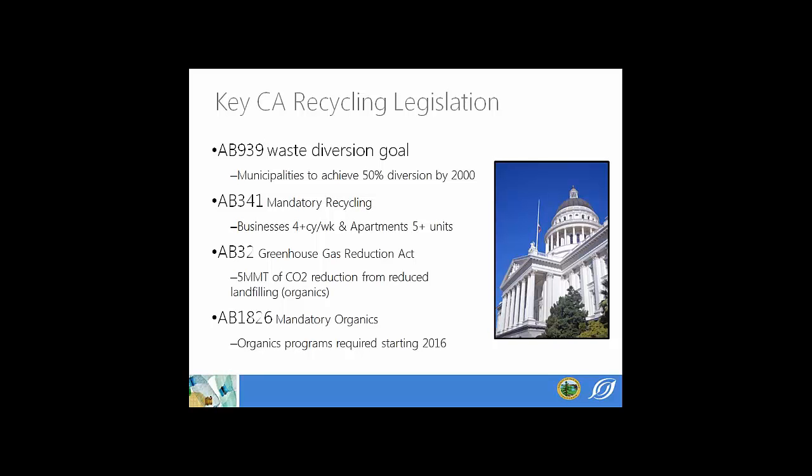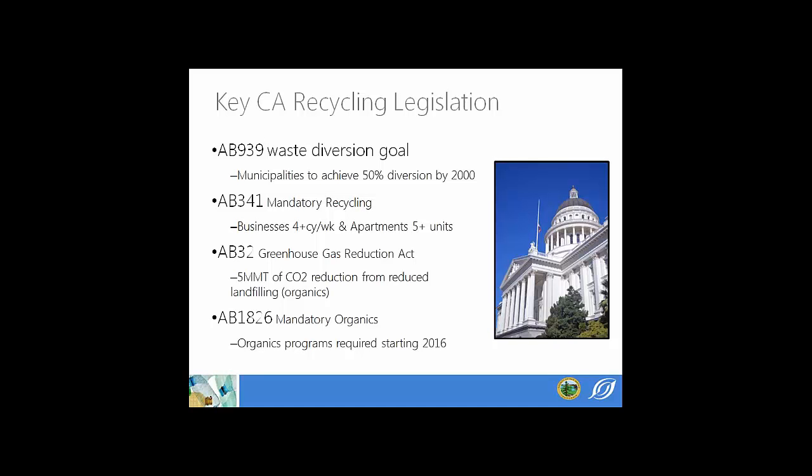Another historic piece of legislation, which Jackie brought up earlier, was AB 32, the Greenhouse Gas Reduction Act. Most of the issues associated with that act are related to energy reductions to save energy use in the state. However, there is a piece of the legislation that requires that 5 million metric tons of the CO2 reductions that the state will enact have to be through the reduction of waste going into landfills.